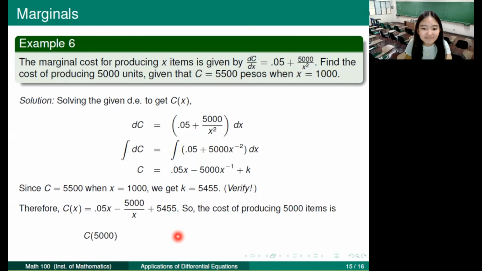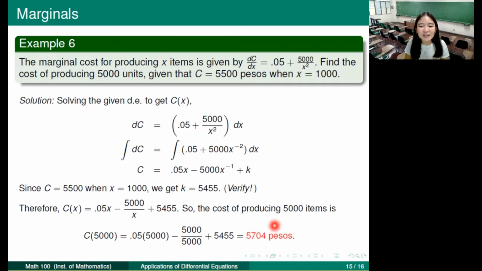So, doing that, okay, substitute lang natin si 5,000 kay C. And after some arithmetic, this is what you get. Confirm nyo na lang ito. 5,704 pesos. So, yun yung gastos natin, okay, in producing exactly 5,000 units, subject to na ito yung kanyang marginal cost function and these conditions as well.